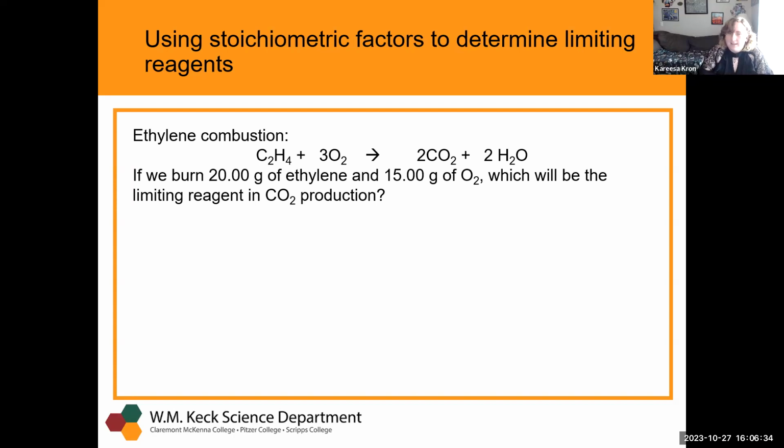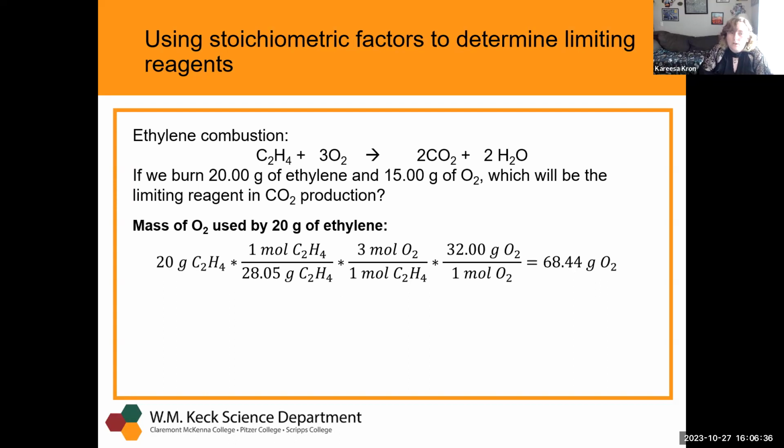So if I calculate the mass of O2 that I would use with 20 grams of ethylene, I can use the stoichiometric factor of ethylene to oxygen to calculate how many moles of oxygen I could use, and thus the mass of oxygen that I would need to use up 20 grams of C2H4.